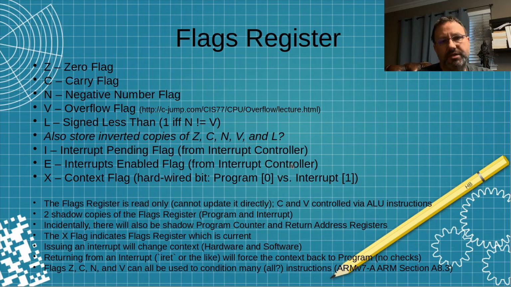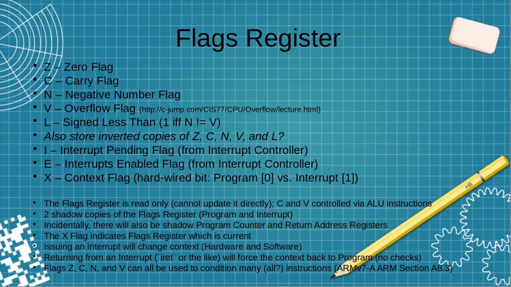A couple shadow copies of the flags register, shadow copies of the program counter and stack register, and then of course there are swapped versions of those so that you can bounce back and forth between the two. Issuing an interrupt will change the context, and that will be both a hardware and software interrupt. And then returning from an interrupt, if I have an interrupt return instruction or the like, will force the context back to programs.